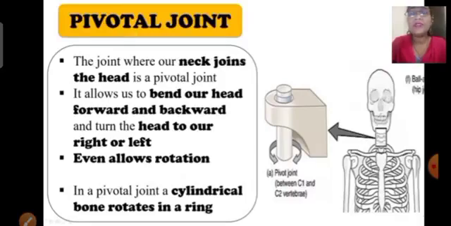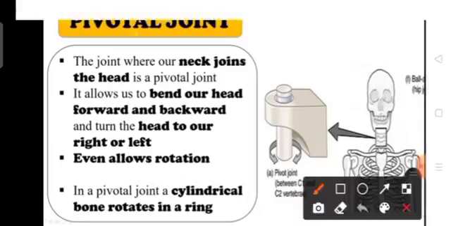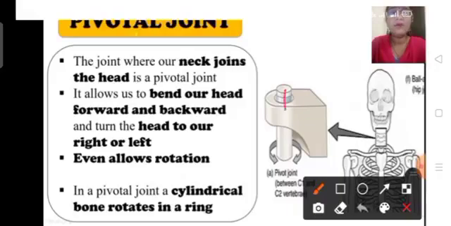You can rotate your head right to left. In a pivotal joint, you can see a cylindrical bone. A cylindrical bone rotates in a ring. Here it is a ring-like structure. As you can see, this is the cylindrical bone and this is the ring-like structure. And here, children, this cylinder rotates in this ring-like structure.